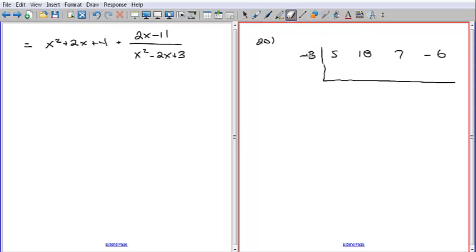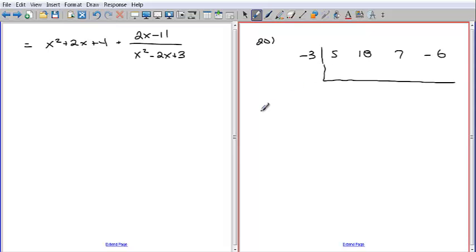So this number is always the 0, I'm pretty sure. I always forget that. So let me just look to make sure I do it right. Yes, what you've got is x minus k.